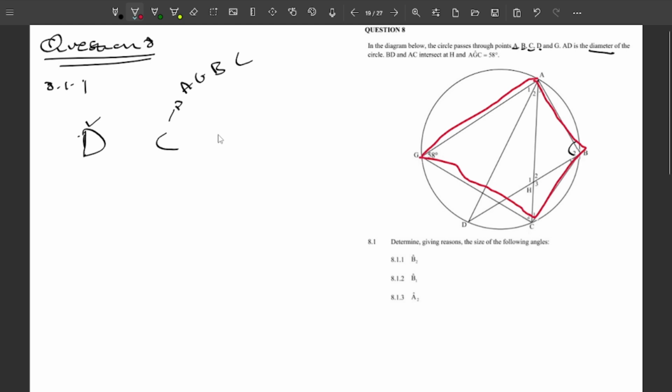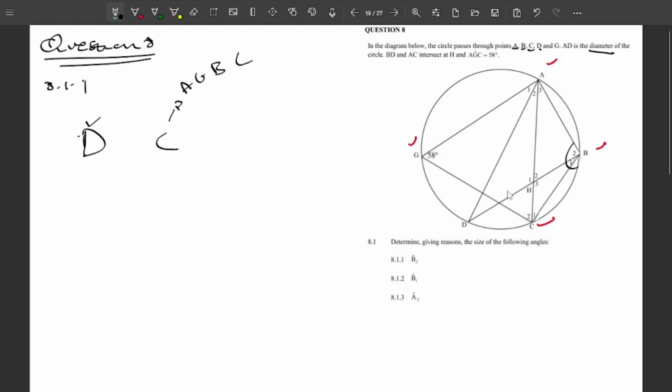So they asked for angle B2. Let's remove this red line because it's not quite clear, but I hope everyone saw it. So our cyclic quad is this one here, and here, and here, and here. They didn't say angle B itself, which is the whole angle.